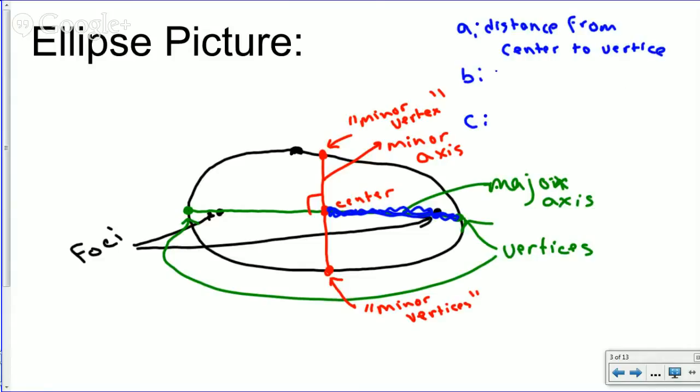B is the distance from center to minor vertex.